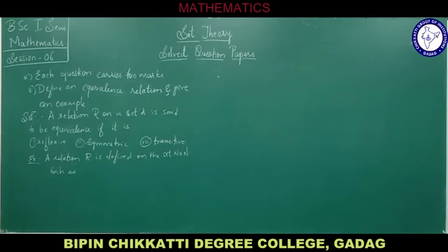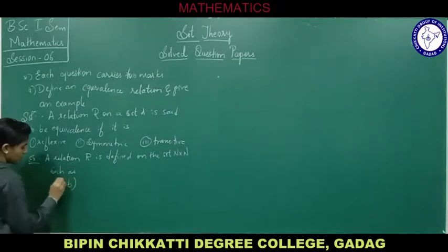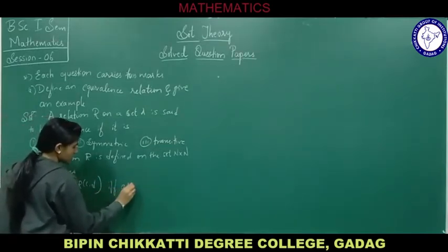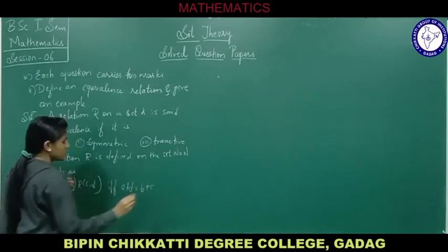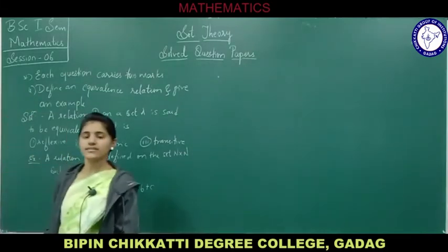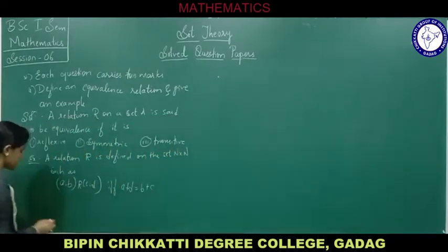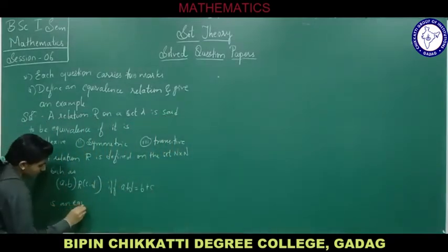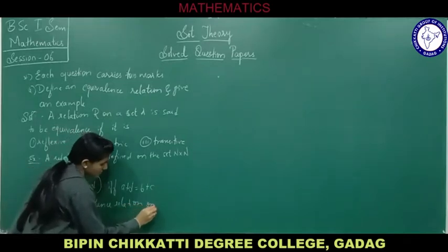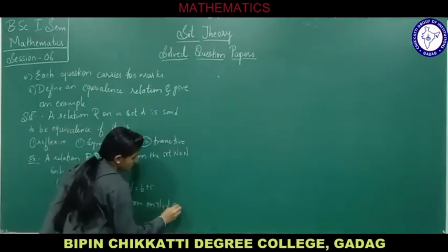We define it as (A, B) is related to (C, D) if A plus D is equal to B plus C. Then this relation R is said to be an equivalence relation on the N cross N set.